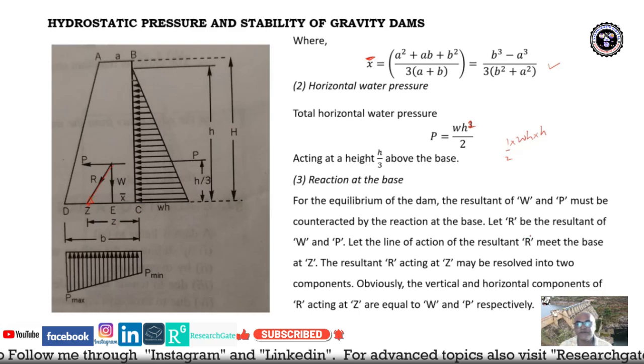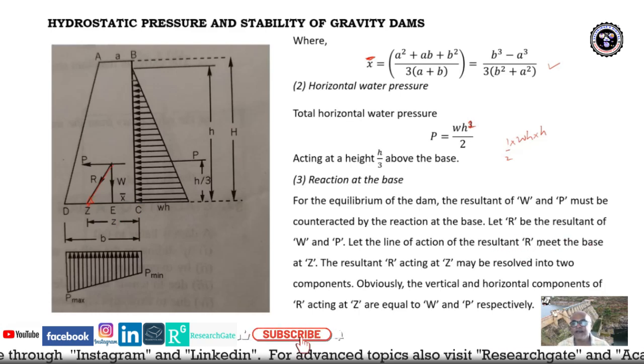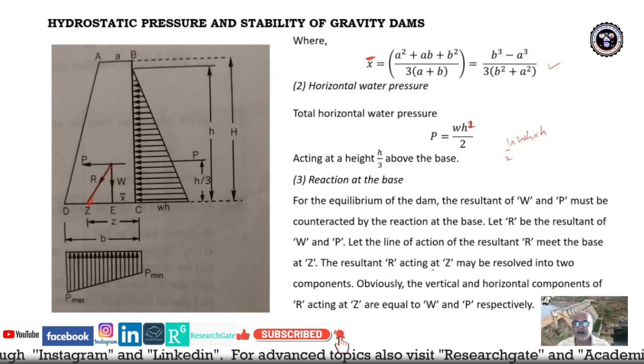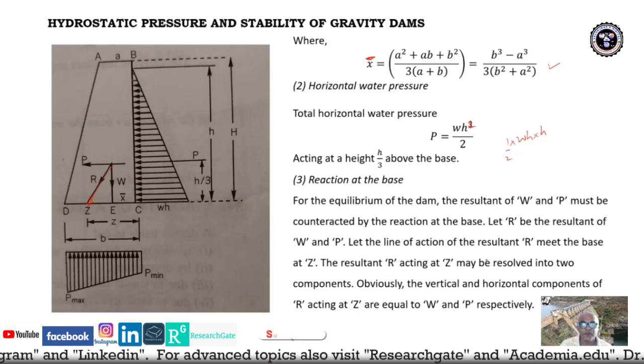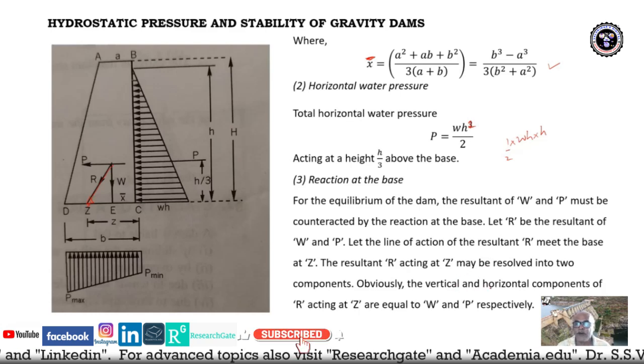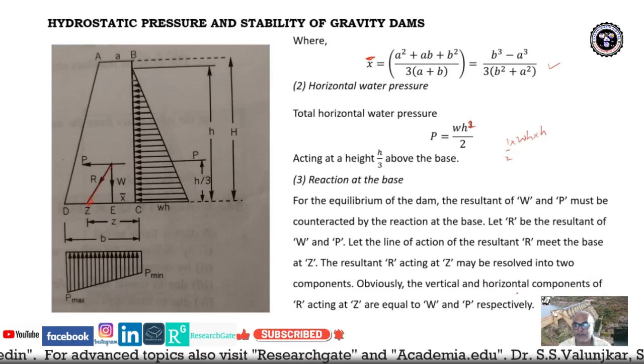Let the line of action of the resultant R meet the base at Z. Resultant R acting at Z may be resolved into two components as usual, vertical and horizontal components equal to W and P respectively.